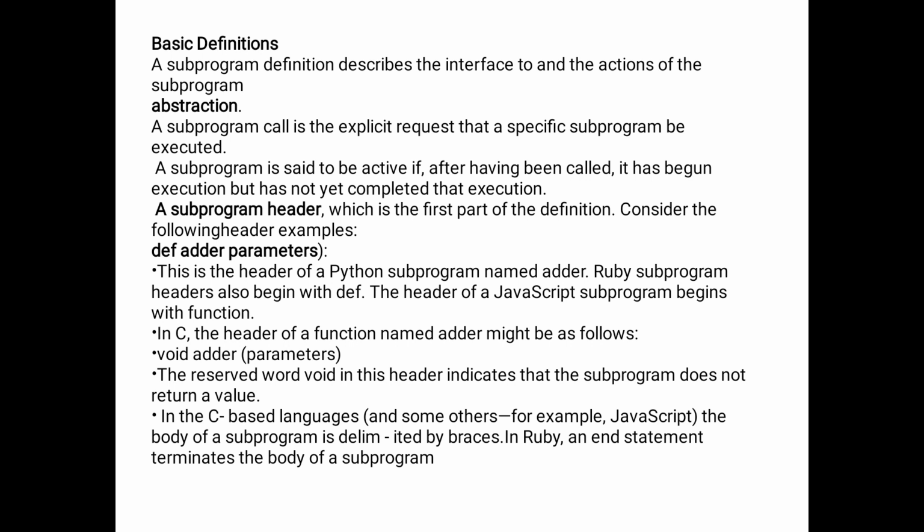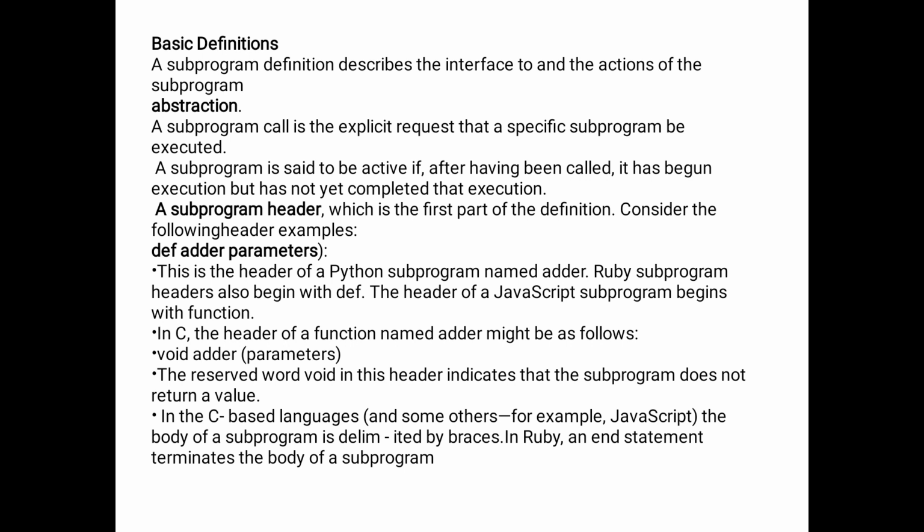A subprogram call is an explicit request that a specific subprogram be executed. A subprogram is said to be active if, after having been called, it has begun execution but has not yet completed that execution.